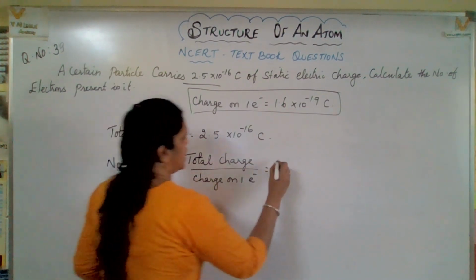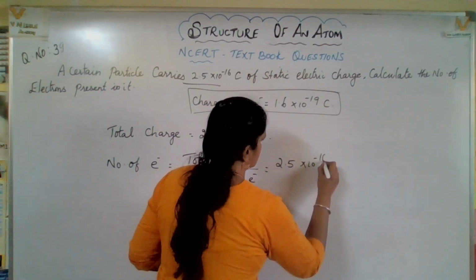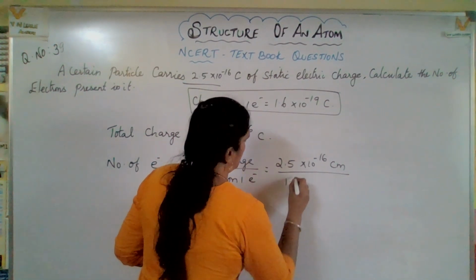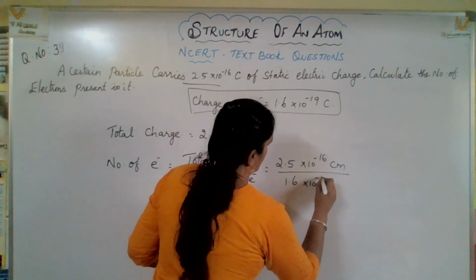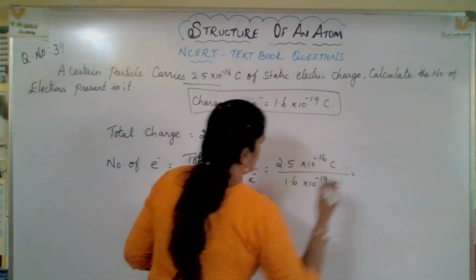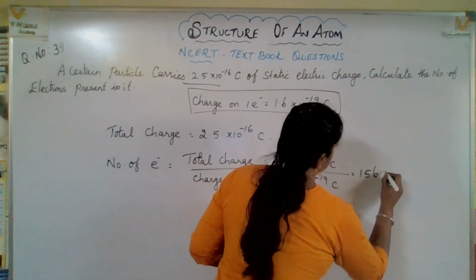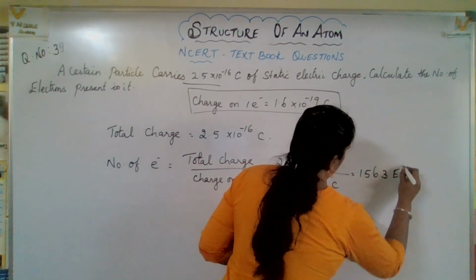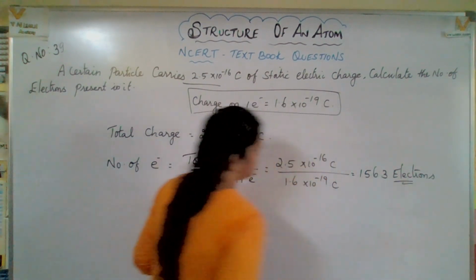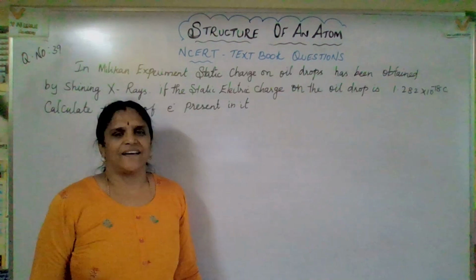So that means here 2.5 into 10 to the power of minus 16 coulomb divided by 1.6 into 10 to the power of minus 19 coulomb, not centimeter, coulomb. So you will get 1563 electrons. Got it? I hope you got a clear idea.